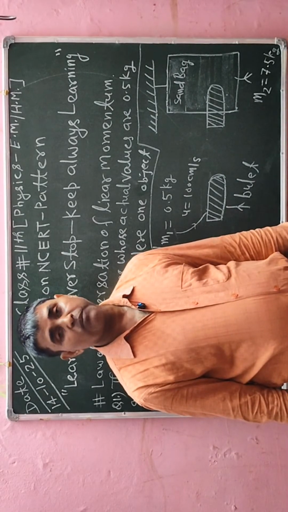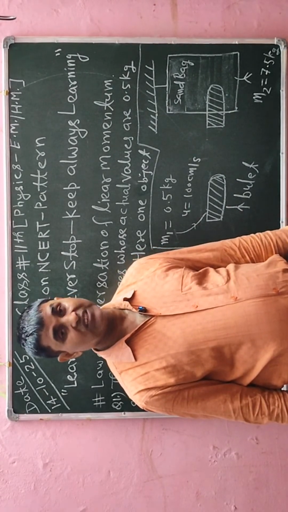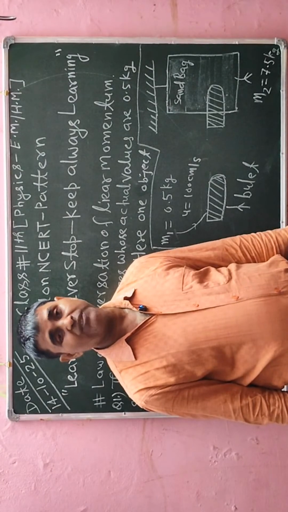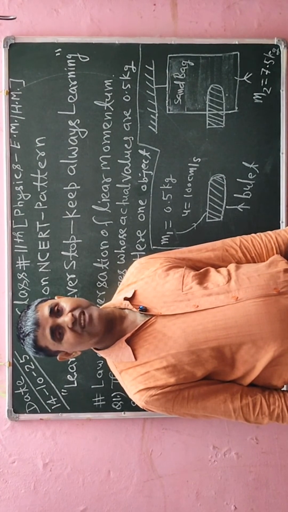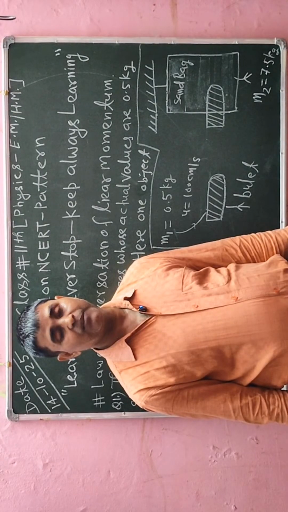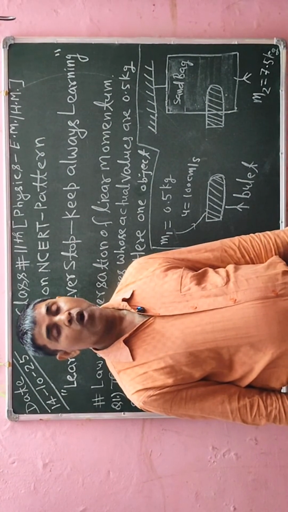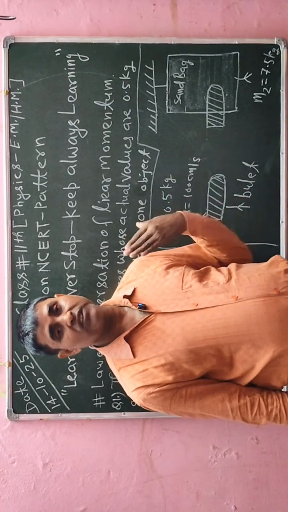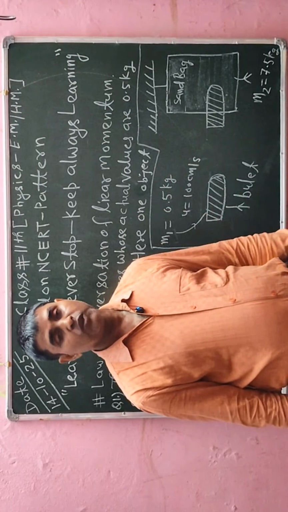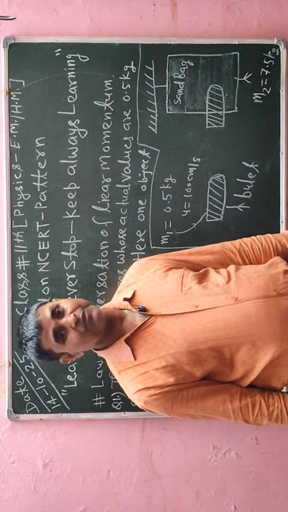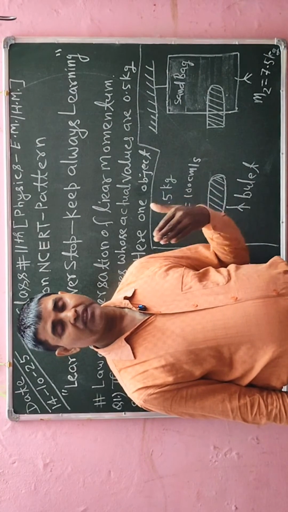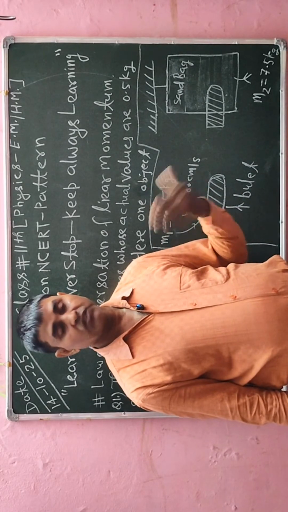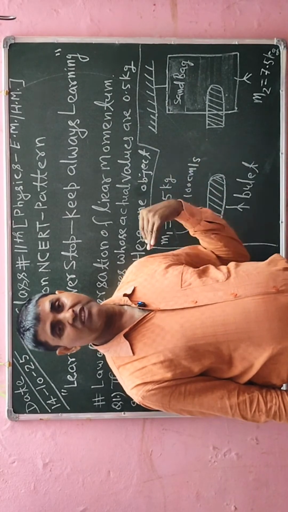We have to use all this information here, because if two objects are there before the collision, we write the momentum of each object separately and then add all the momentum before the collision. After collision, the mass will be the same, but the velocity can change. Either it will be 0 or something different from the initial velocity.